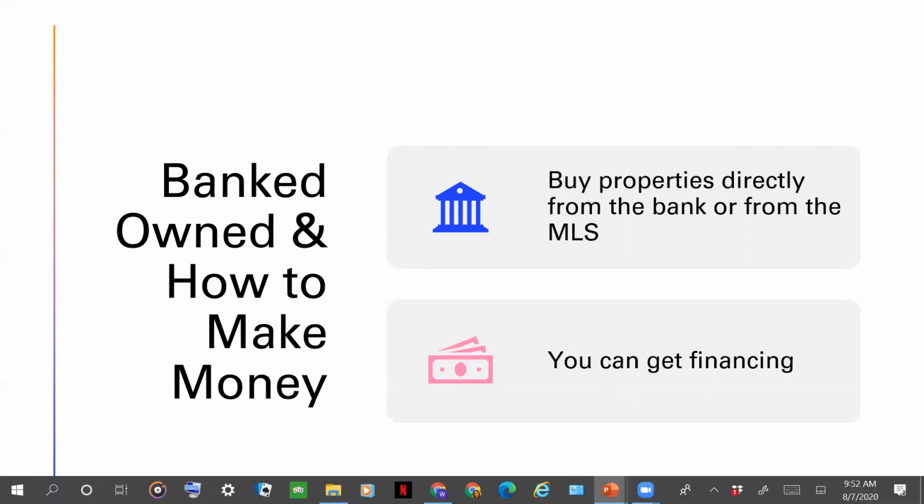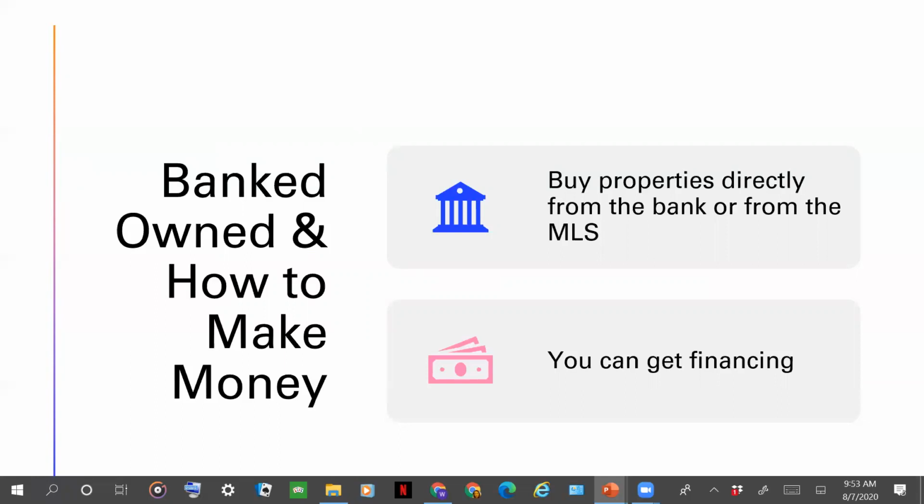If the bank is not satisfied with that, the bank can bid $100,000 because that's the loan amount. So if no one beats the bank's bid, then the ownership transfers to the bank. Now it becomes bank owned, also known as REO or real estate owned.